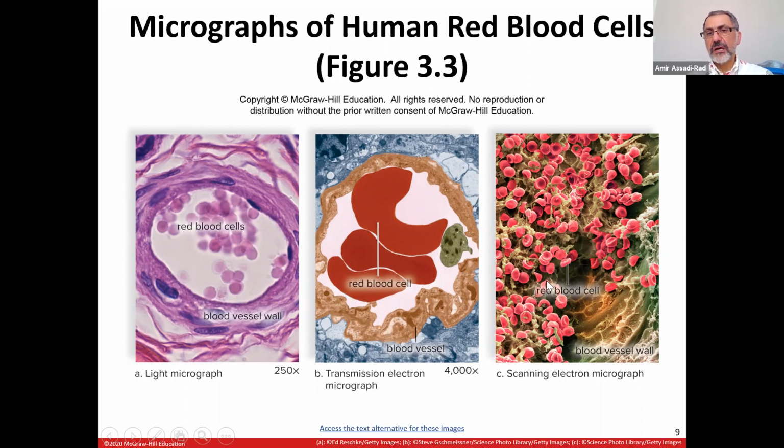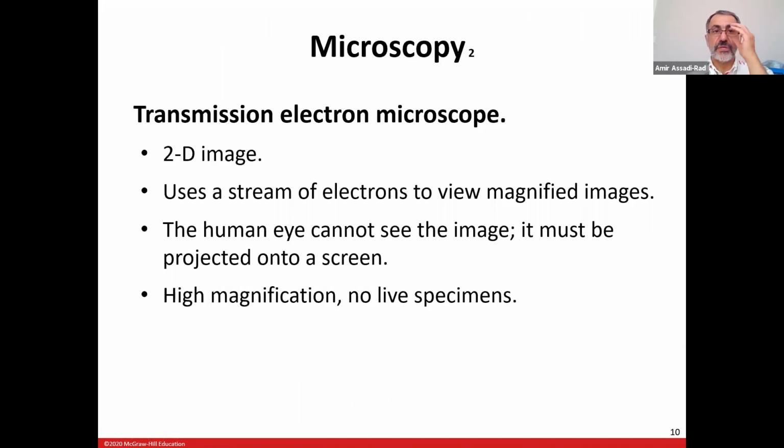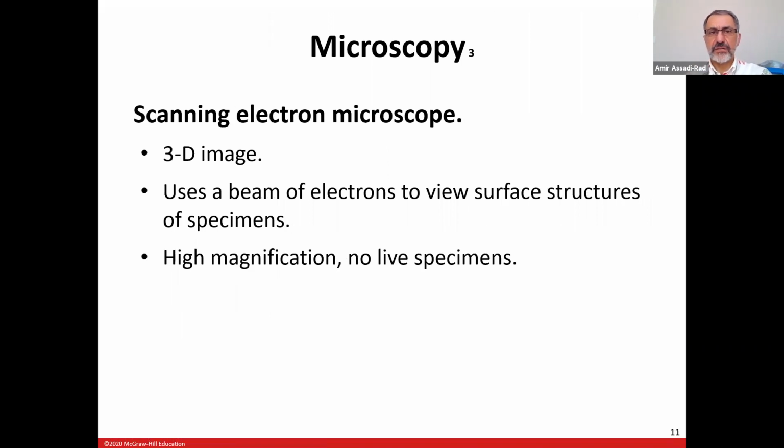Still, it's a picture, but you get a 3D type of picture, but you cannot look at the inside of the cell. The images are much, much bigger than a light microscope, but with the transmission electron microscope, they break the cell down and you can see inside of the cell. Okay, these are the characteristics.